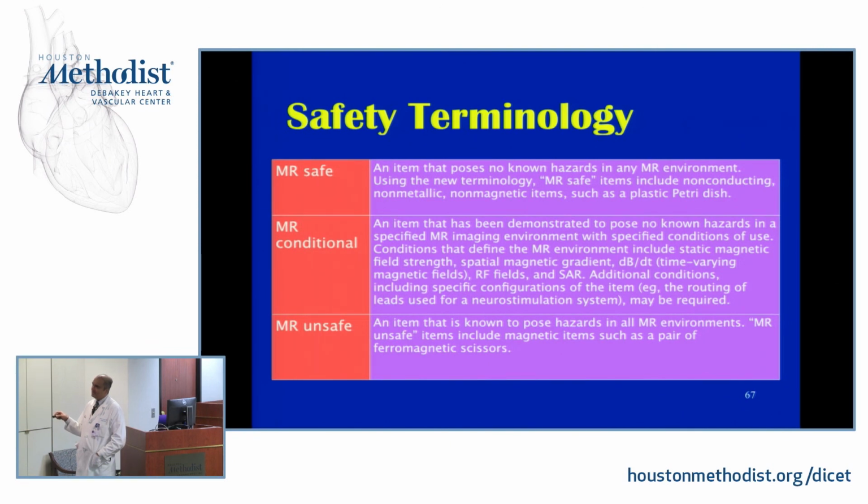The conditions that define the MRI environment include the static magnetic field strength, i.e. 1.5 Tesla, 3 Tesla, the spatial magnetic gradients, again the strength of the gradients, the radio frequency fields, as well as the SAR, or the specific absorption rate, which is the amount of energy that's deposited.